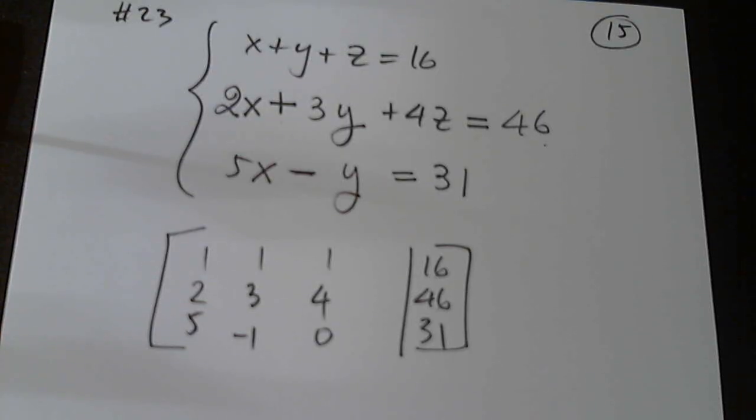So 1, enter, 1, 1, and 16. 2, 3, 4, 46. 5, negative 1, 0, 31. Get out of there with second and quit.